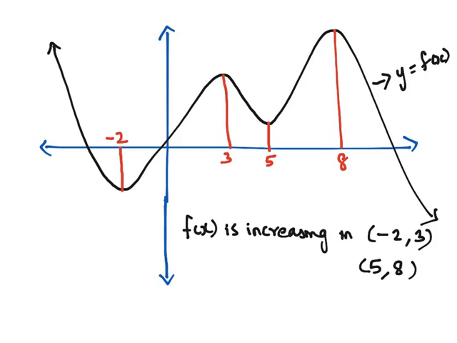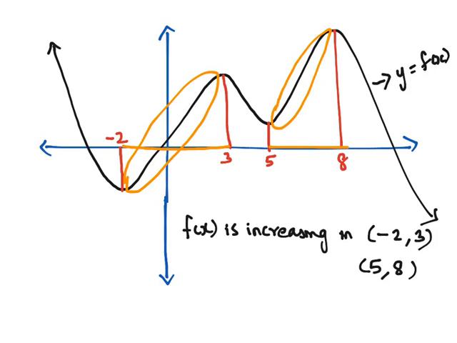So you can see here, between -2 and 3, the function is increasing. Let's say it goes from top to bottom, and also between 5 and 8, the function is increasing. I hope all of you got it right.